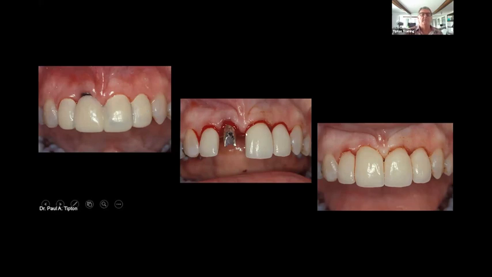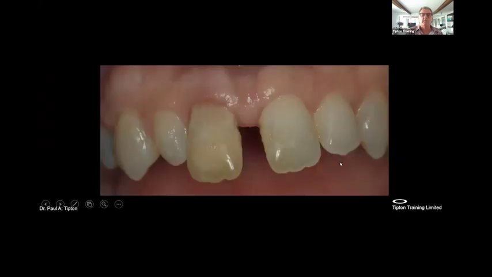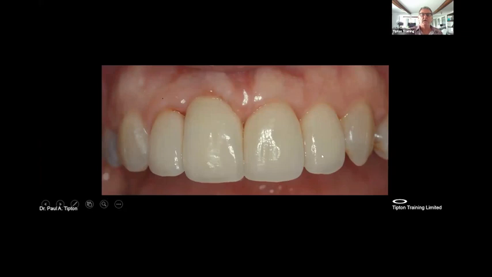Our prototype's in place. We're now going through the cementation protocol, and we have our finished result where the teeth are longer. We've got a nicer aesthetic occlusal plane, but we've lost that 1 millimeter or so of soft tissue. And of course, we've also lost peak of bone on the distal aspect.